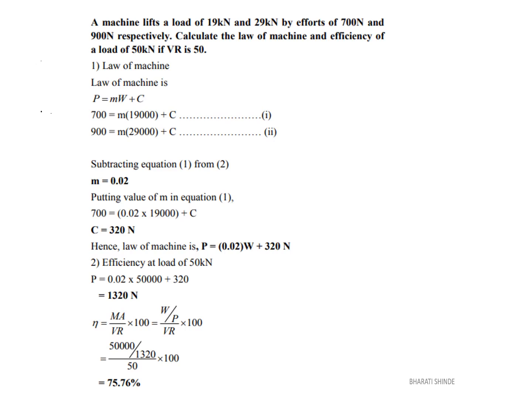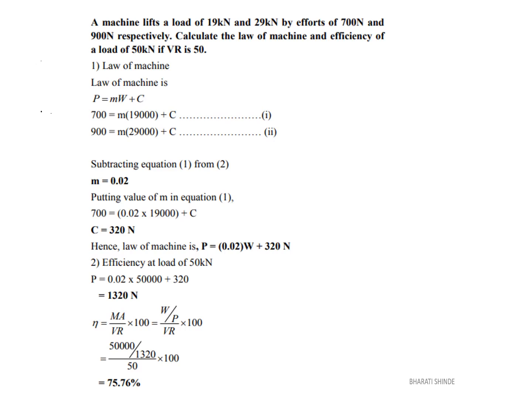So, two loads are given, 19 kilonewton and 29 kilonewton, and two efforts are given, 700 Newton and 900 Newton. We have to find law of motion and efficiency of load of 50 kilonewton if VR is 50.